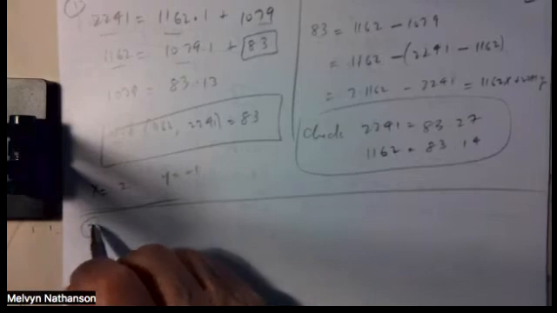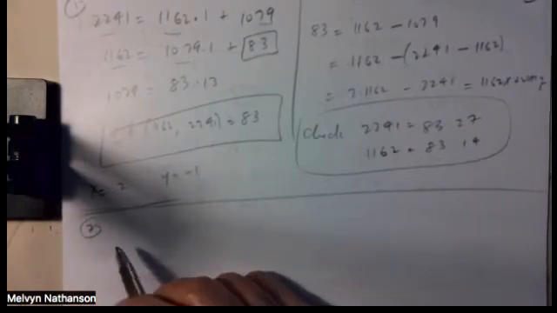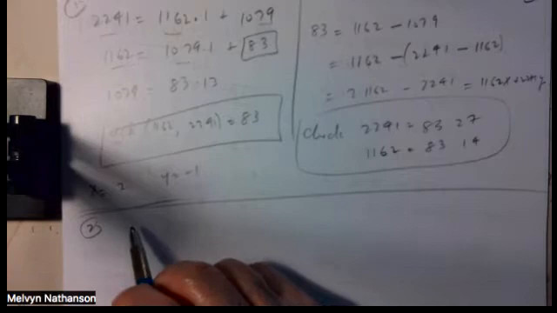Let's look at number 2. R, S, and T are positive integers.